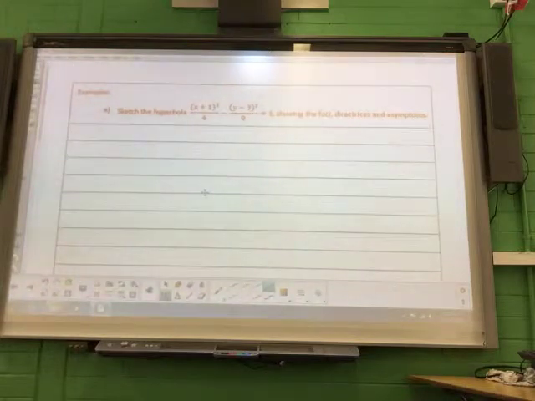Okay, so a couple of things you need to think of while we're tackling this question. Are the foci going to lie on a horizontal plane or in a vertical plane? Horizontal.